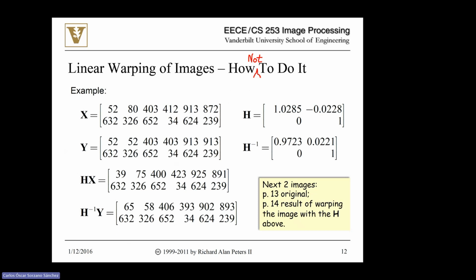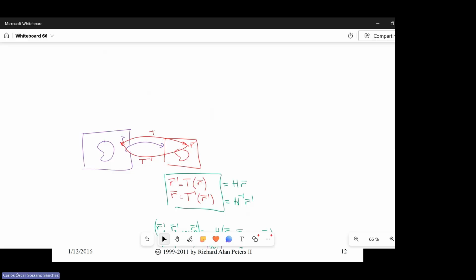Okay, so we have our points. So we calculate H. This is H. This is H minus 1. Do you remember it was a change in X? Okay, so let me write the matrix here.